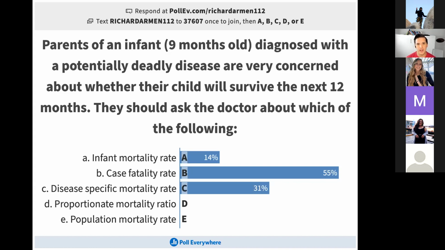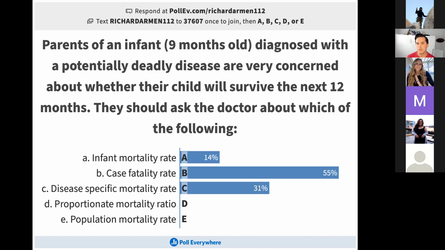If the case fatality rate is 95%, that tells me that's a very severe disease. So the case fatality rate is a measure of severity. The higher the percent of people who are dying, the more severe that particular disease is in general.